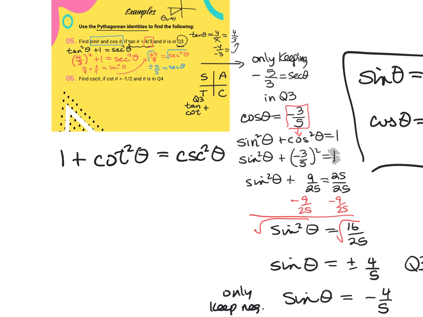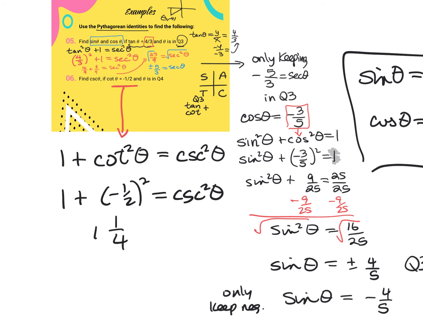So all I'm going to do is take what they gave me, this cotangent, plug it in and square it, and then get my cosecant after I add 1 to it. So I'm going to do 1 plus negative 1/2 squared is equal to cosecant squared theta. Once I square the 1/2, I get 1/4. Now I need to add these fractions.